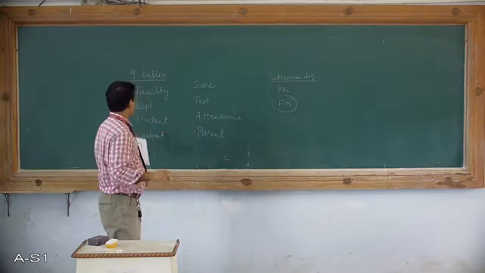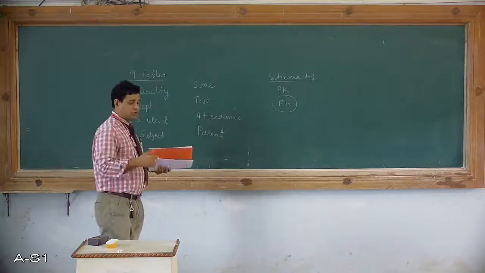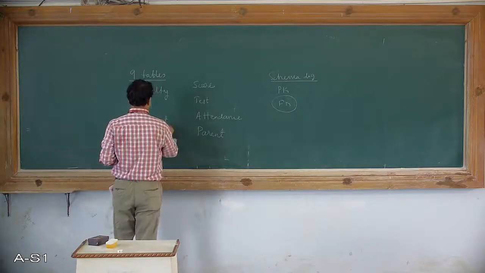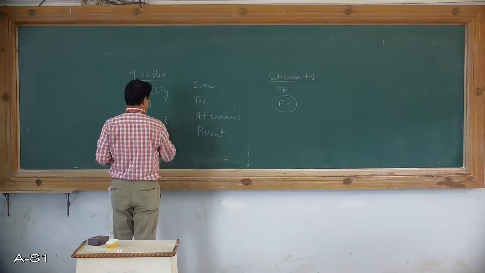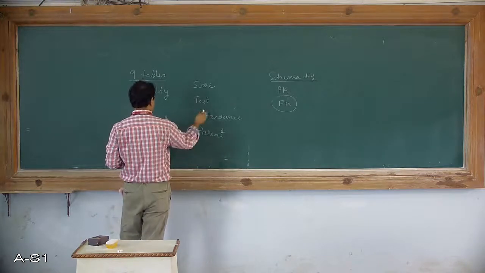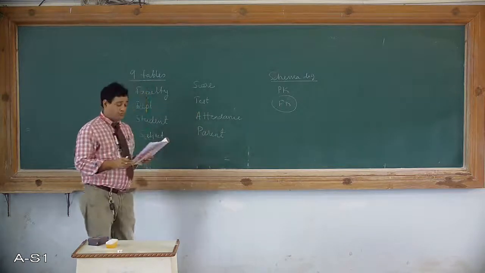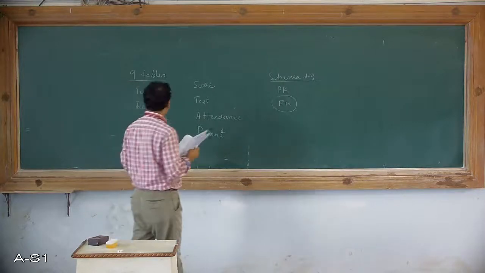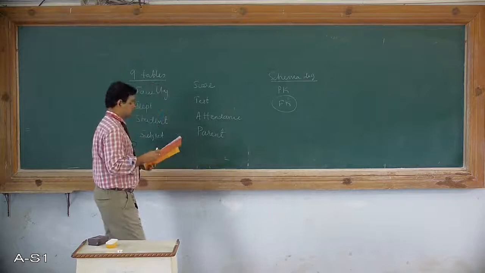When you draw the schema diagram you will come to know which table's data is there, and how the tables are related with respect to foreign key constraints. Based on that we will be creating all these 9 tables.